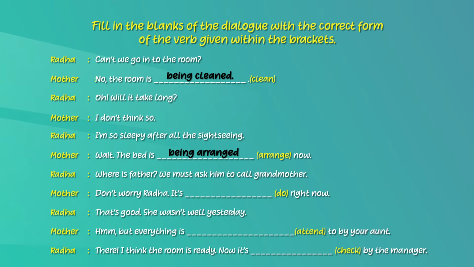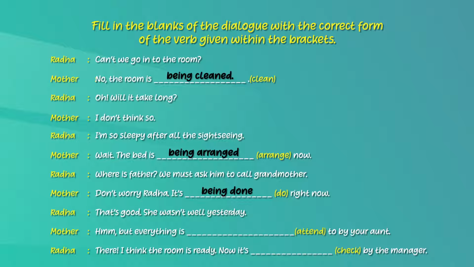Then Radha says, where is father? We must ask him to call grandmother. Don't worry Radha, it's being done right now. So for the verb do given within brackets, you will have to write being done. Then Radha says, that's good. She wasn't well yesterday.